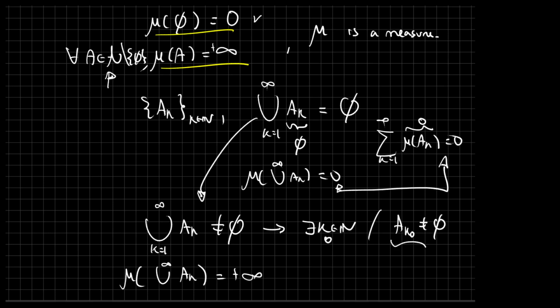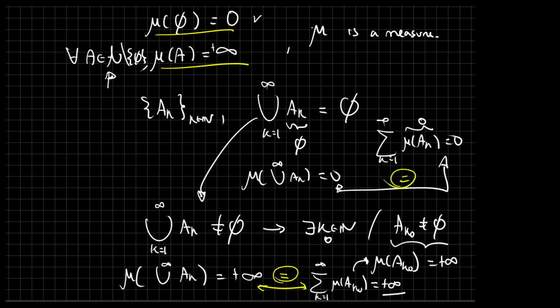So necessarily some element will be different from the empty set, and so the value of this measure will be plus infinity. So when you make the series, this will necessarily be plus infinity because one term of the series is equal to plus infinity, and the rest are 0 or plus infinity. So when you add plus infinity with 0 or with plus infinity, it's plus infinity again. So they are once again equal.